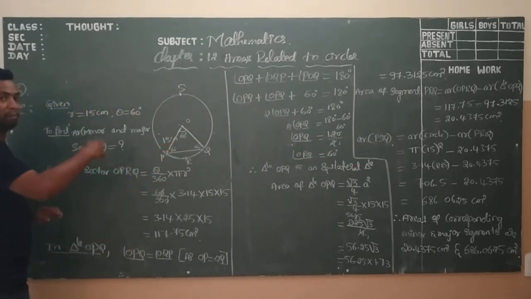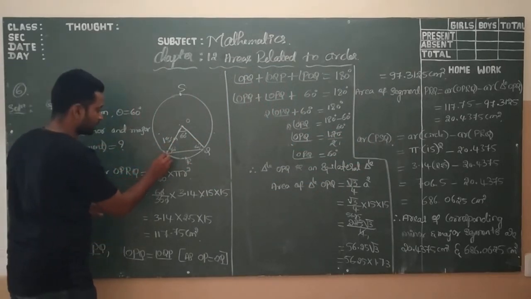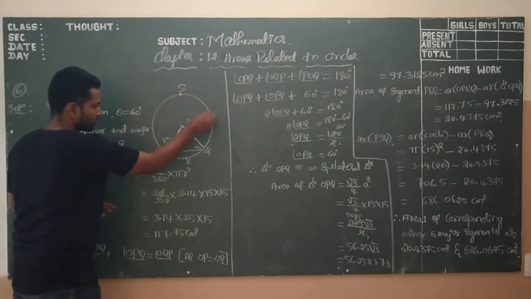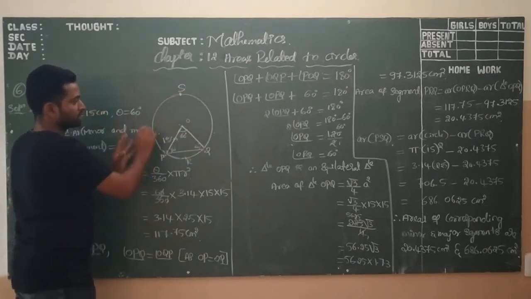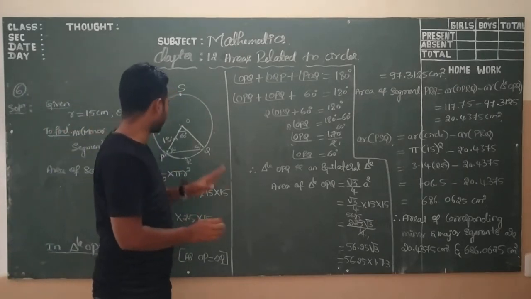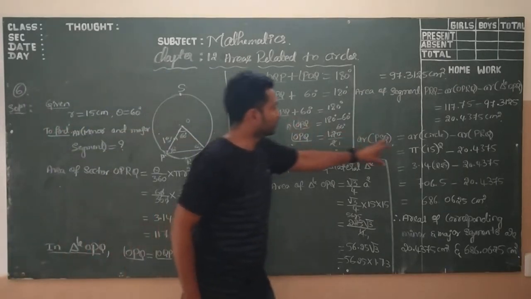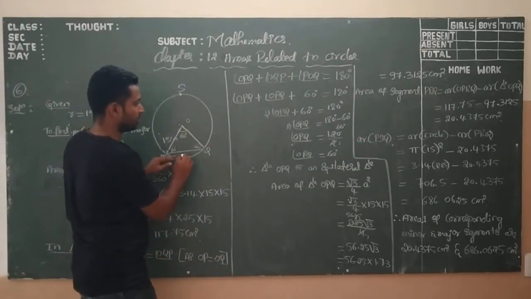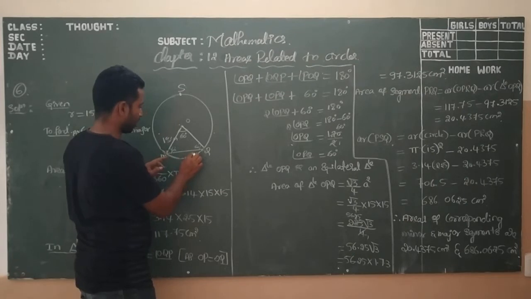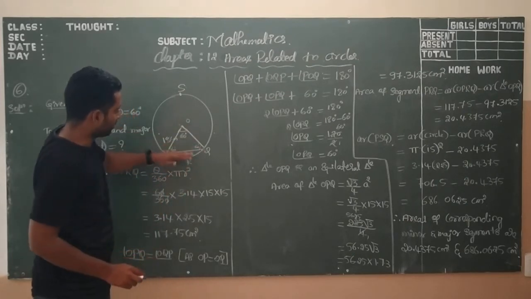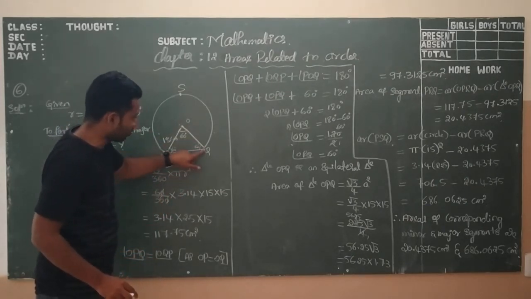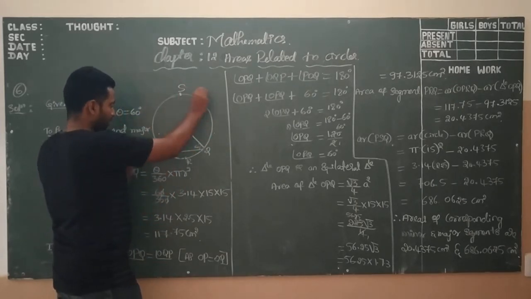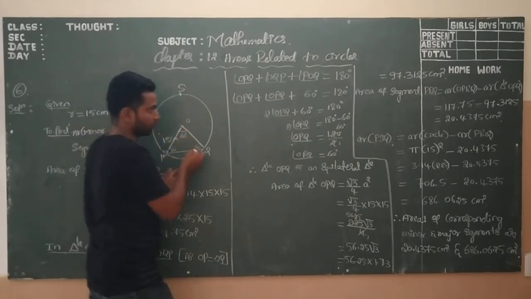Okay, what about the major segment? Here the major segment is PSQ. So the major segment equals the entire area of the circle minus the area of PRQ. If you subtract the area of PRQ from the entire circle, we get the area of the major segment PSQ.